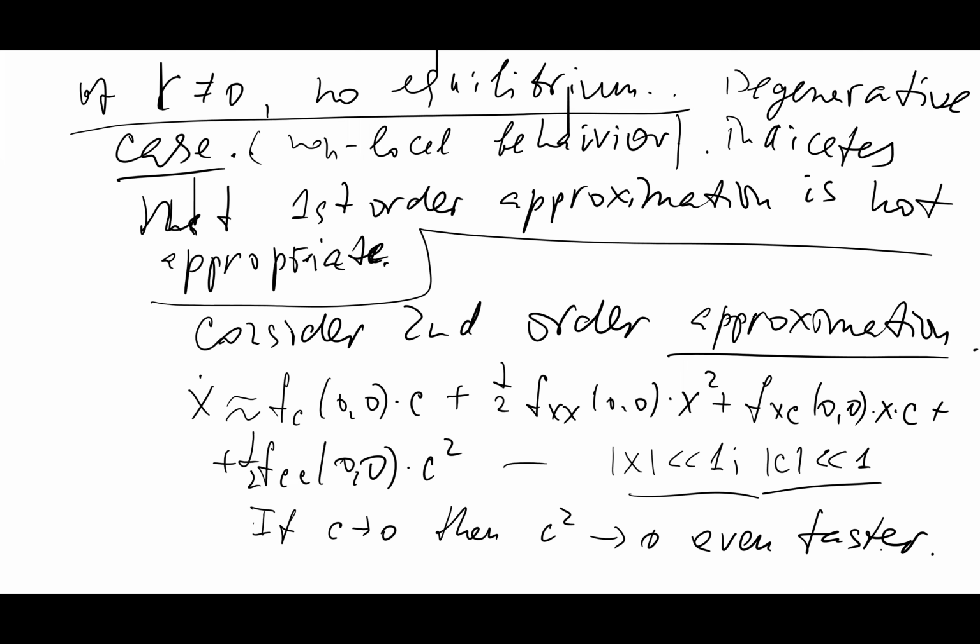Therefore, half of the second derivative over c at (0, 0) times c squared will be much smaller than the derivative of f over c at (0, 0) times c, and can be ignored.